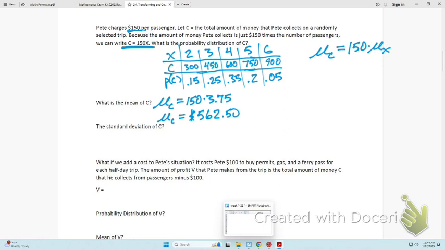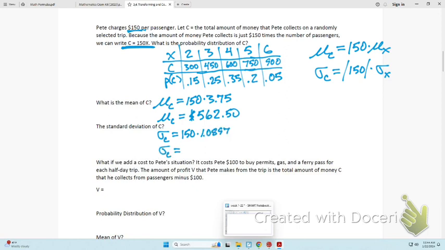Standard deviation is also very simple. Technically, you're supposed to find the absolute value of that coefficient times the standard deviation of x. Because standard deviation must be positive because it's like how far apart they are. So that's why it's absolute value. So when we do absolute value of C, it's 150 times 1.0897.